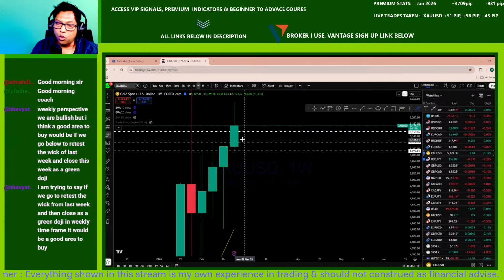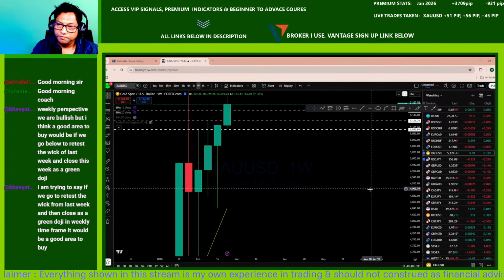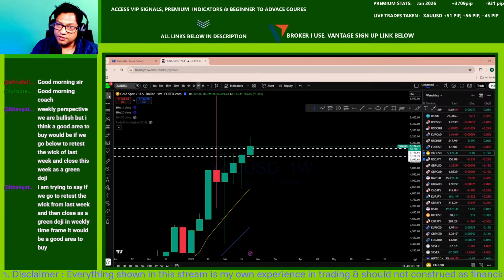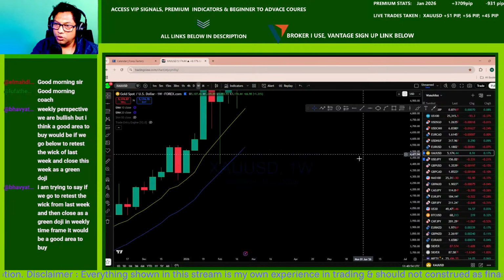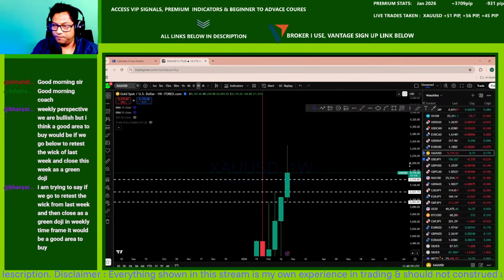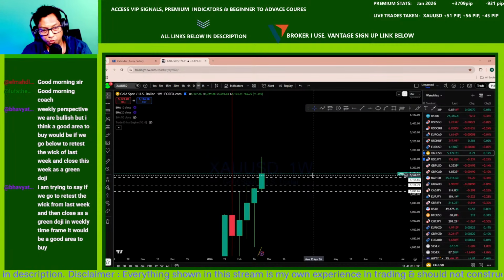And because it's a full body candle close hammer, there is a higher probability that the market will eventually break to the upside here.